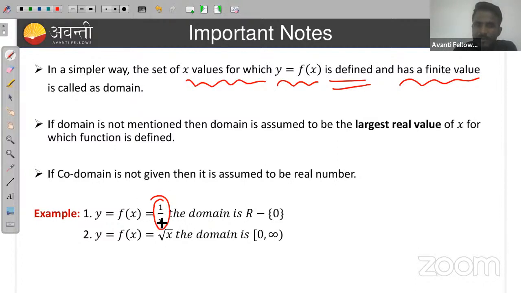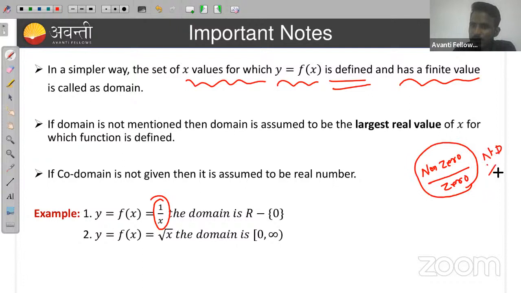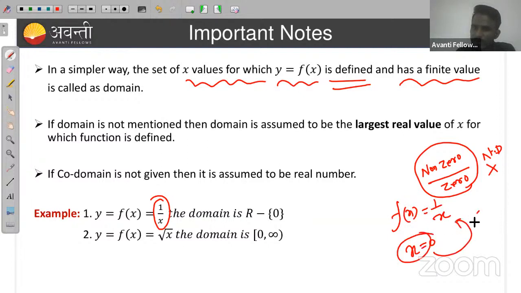If you put 0, 1 by 0, non-zero divided by 0, is not defined, right? So for the function f of x equals 1 by x, x equal to 0 is not a part of the domain, because it is not defined.